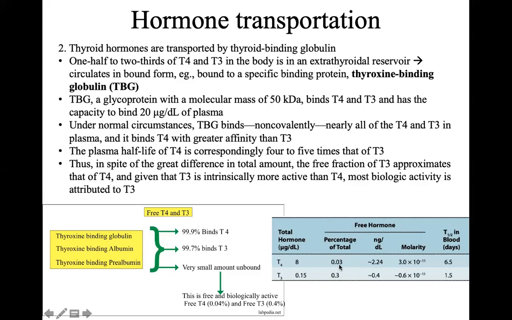This is the free T4. Here they put 0.04 and 0.4, which is quite similar. Some books put 0.03, so don't get confused. The half-life in blood for T4 is about 1 week, 6.5 days, while T3 lasts up to 2 days maximum.